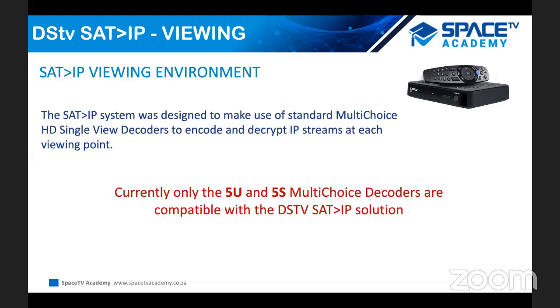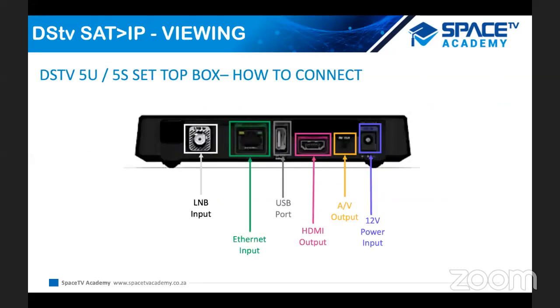As far as I understand, the next generation, which will probably be the 7 series decoders, will once again be SATIP compatible. But for now, if you do SATIP deployments, please make sure that you use the 5 series decoders and not anything else, because they're the only decoders currently compatible with SATIP.